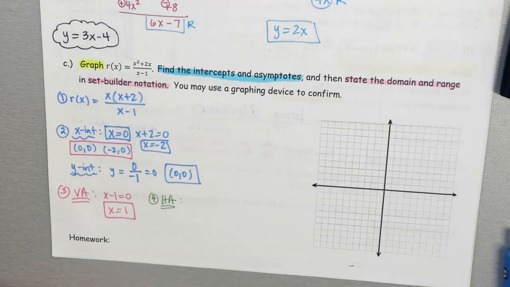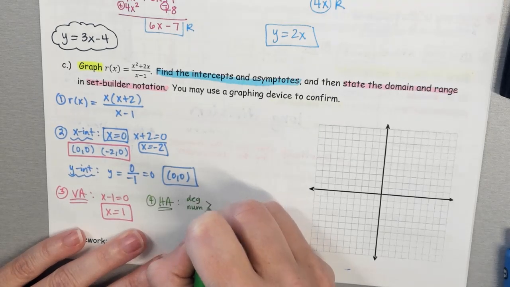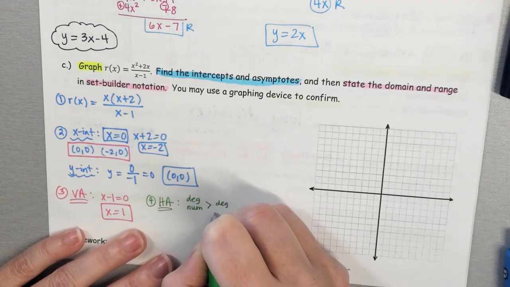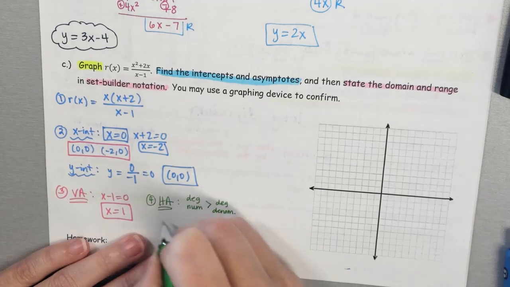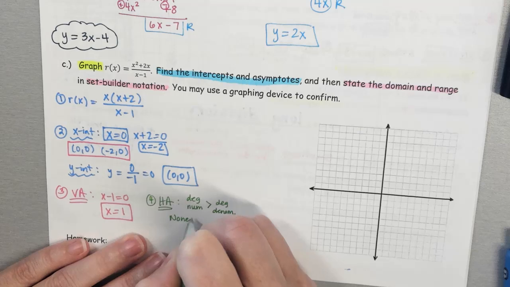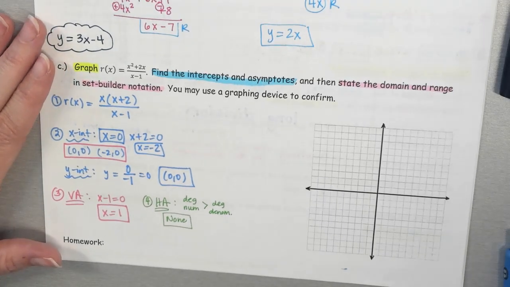So the degree of the numerator is greater than the degree of the denominator. Okay, which means there's no horizontal asymptote. But now we have to check for oblique. So if the degree is 1 more, then there's a slant asymptote. So that's what we have in this case.